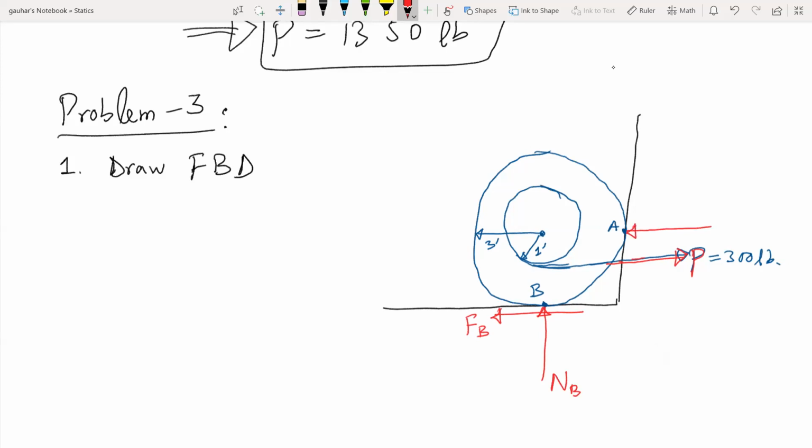So there is a normal force N sub A, but there's no friction force. We need to make sure again that we remember this. Then we have the weight of the spool, which is 300 pounds. Okay, so that's all we have.